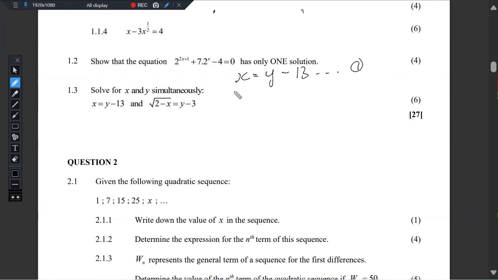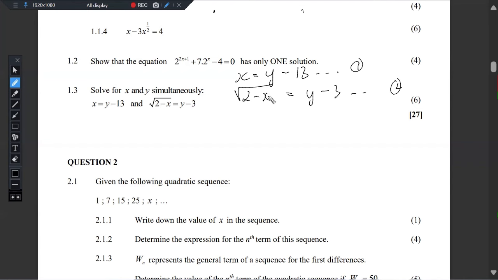And then in equation 2, we have 2 minus the square root of x is equals to y minus 3, right? Now, remember, this is solved for x and y simultaneously. But as much as it's simultaneous, we can't solve both of them at the same time. So we need to find one variable and then proceed to find the other.